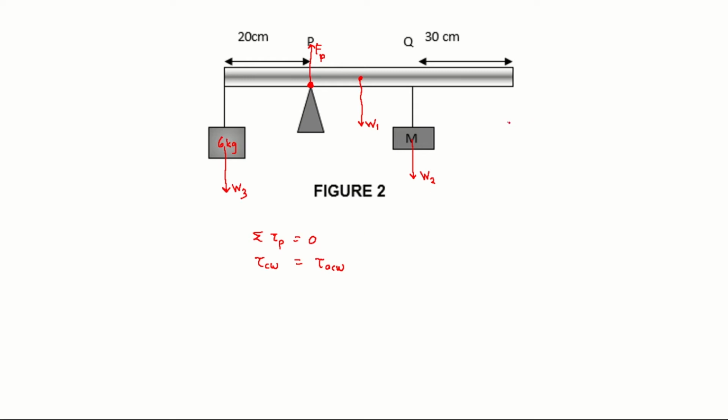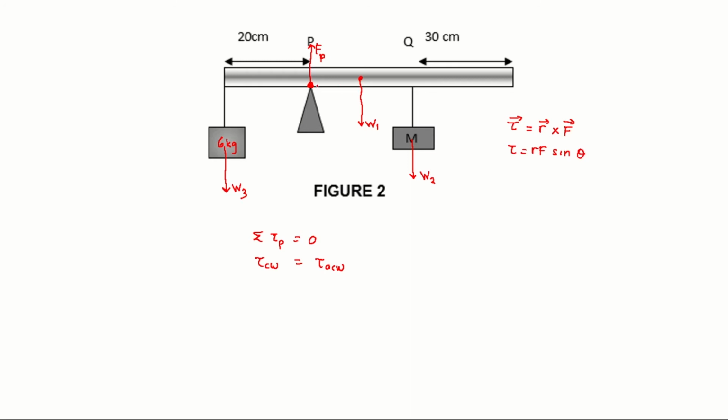We know that torque is a vector, so torque equals R cross F. The magnitude of the torque equals RF sine theta, where theta is the angle between vector R and vector F. Now we check our system.